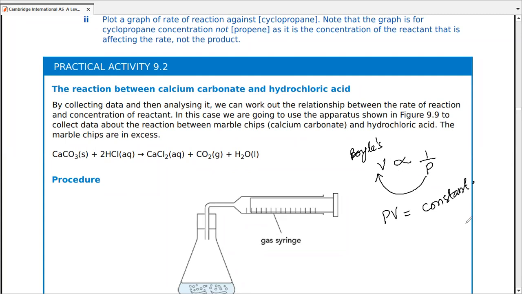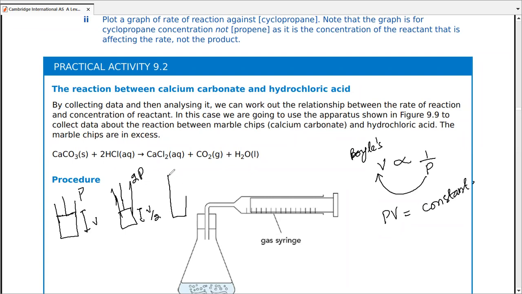Let me make myself clear. So let's say we have a piston in which we're putting pressure. The pressure is P and the volume here is V. When I increase the pressure in the same piston, let's say I convert the pressure to 2P, the V becomes half, V by 2.